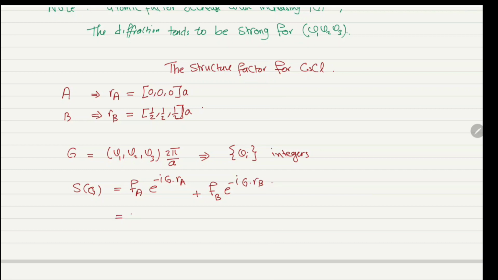In other words, f_A plus f_B exponential minus i 2 pi over a times (v1, v2, v3) times half a.